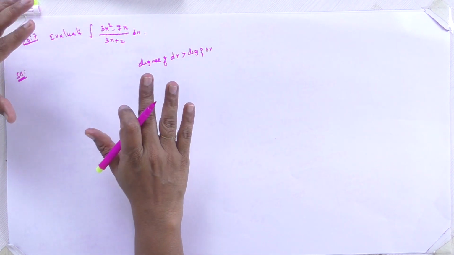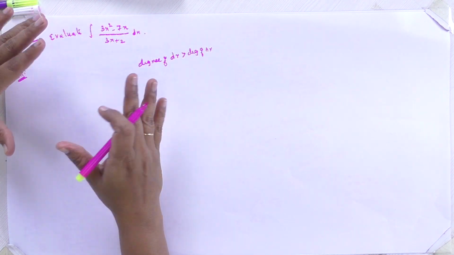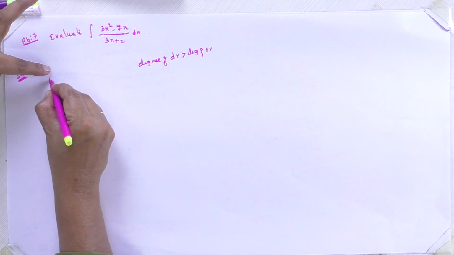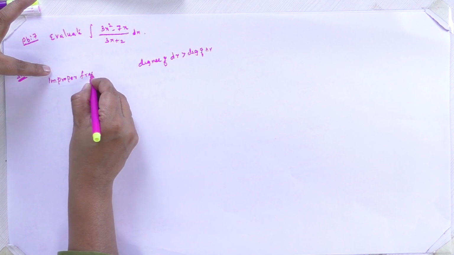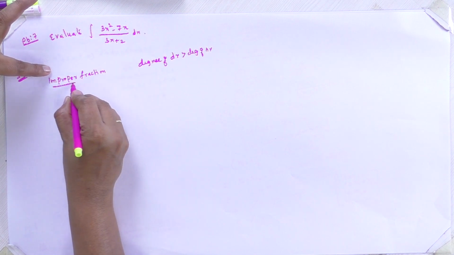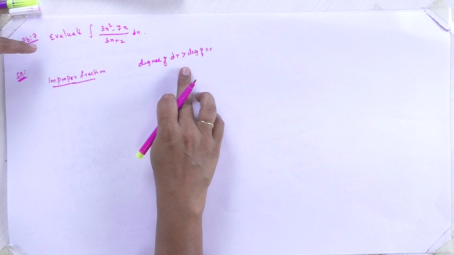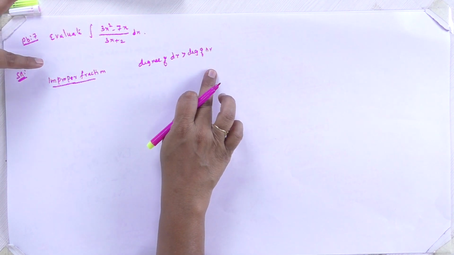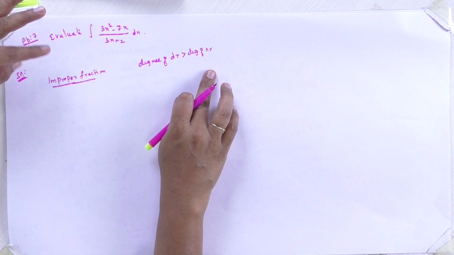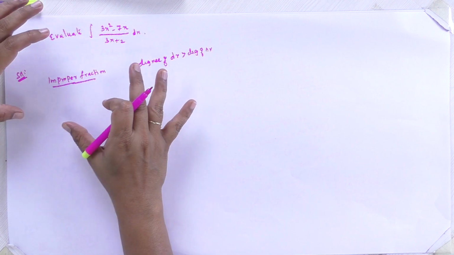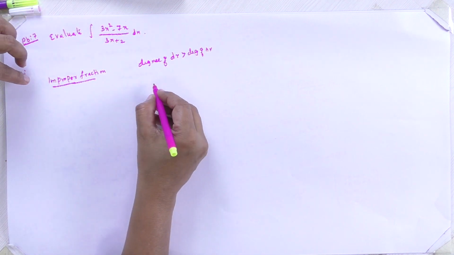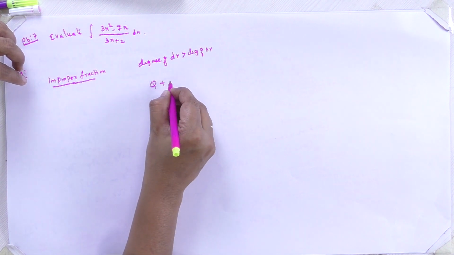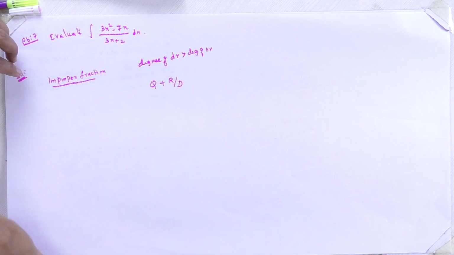So we have to make this improper fraction proper. This fraction is called an improper fraction. When the degree of the denominator is not greater than the degree of the numerator, that is an improper fraction. You have to make this improper fraction into a proper fraction first. For that, we use the formula quotient plus remainder divided by divisor.